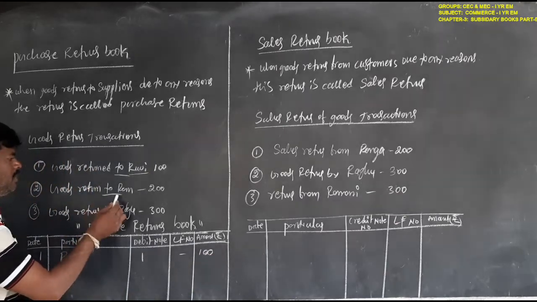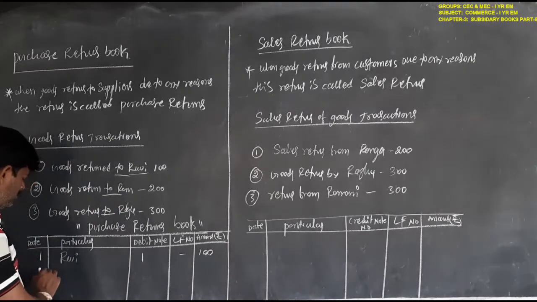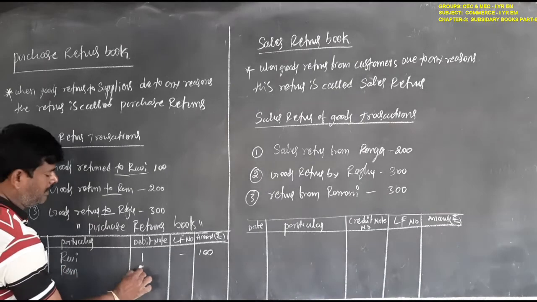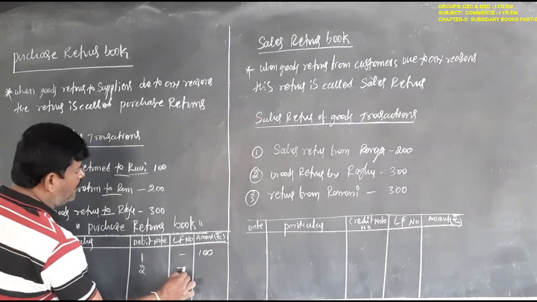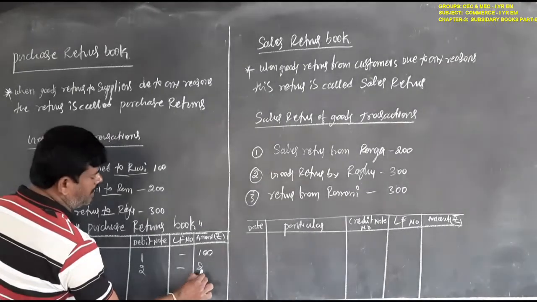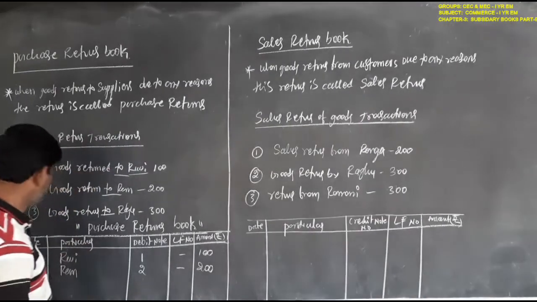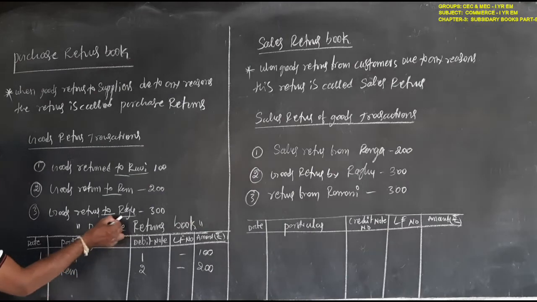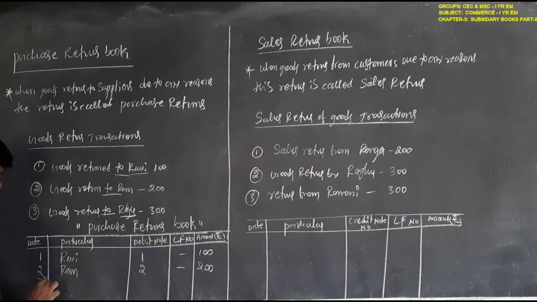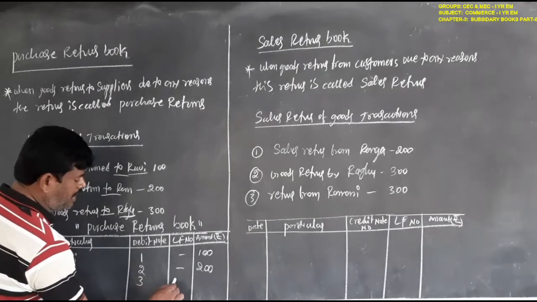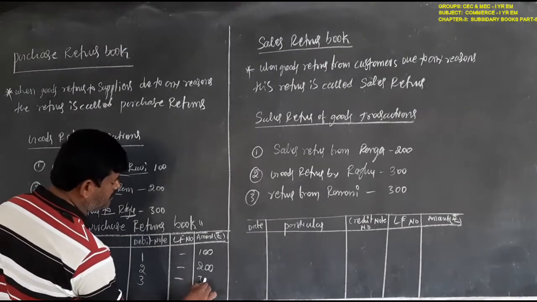Next, goods returned to Ram, another transaction, so Ram, debit note 2, amount 200 rupees. And goods returned to Raju, here also Raju, debit note 3, amount is 300 rupees.